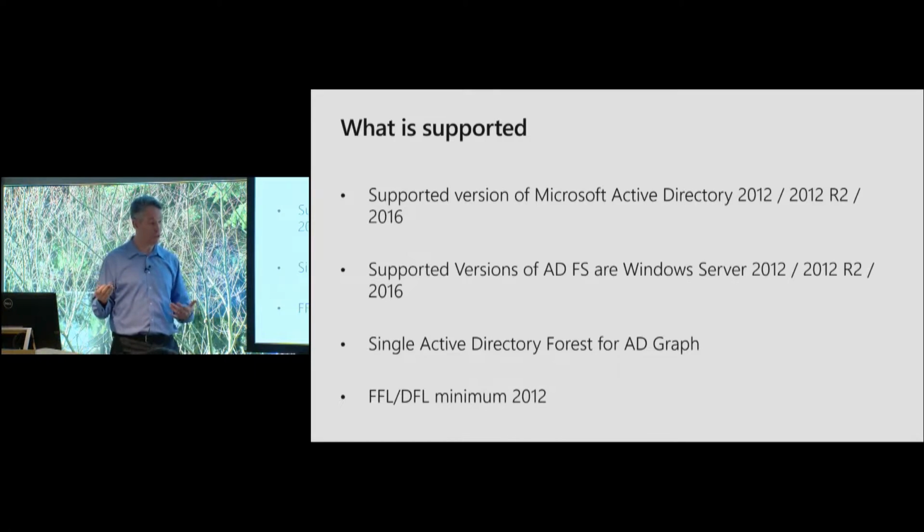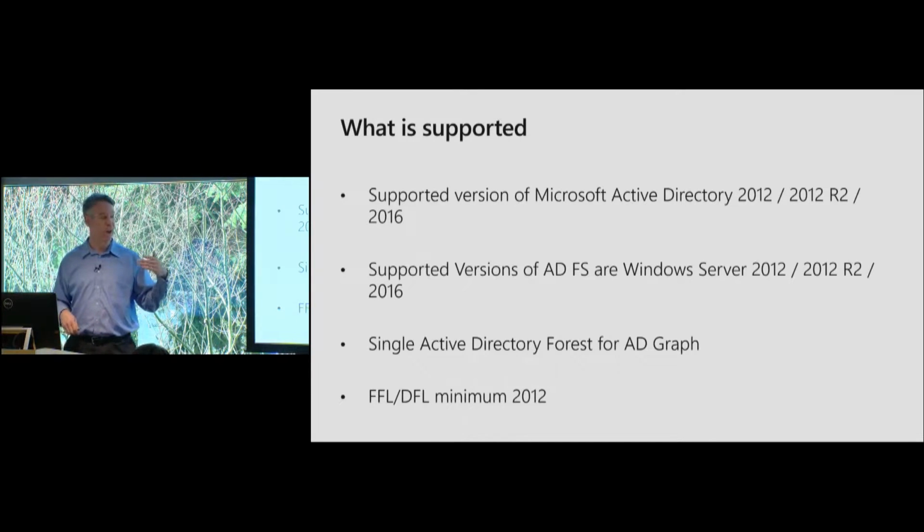So here's what's supported. Obviously, if you're going to talk from the ADFS and the Active Directory inside Azure Stack to ADFS and Active Directory outside Azure Stack, we need to know what versions we can support. So it's anything moderately recent. You have to be running Active Directory from 2012 or higher, and a similar supported version of ADFS on those environments.